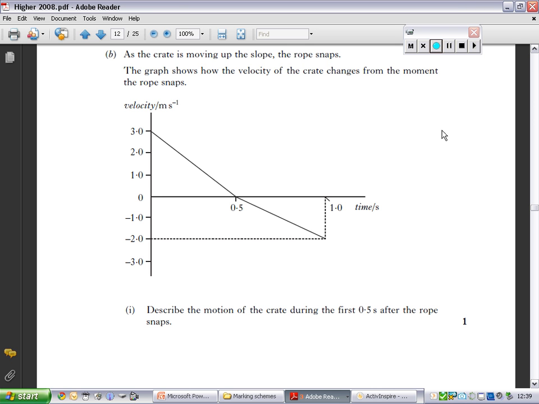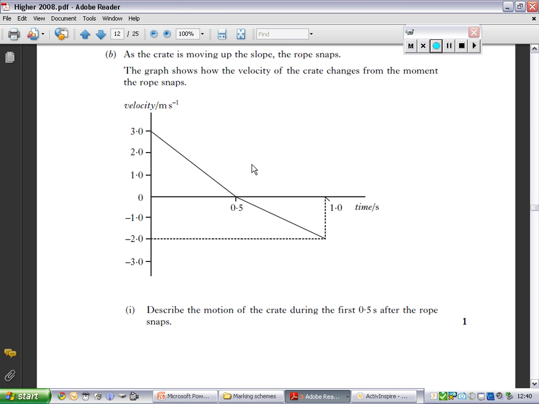You hardly need any time at all to think about this. What you're doing is trying to interpret what the graph is telling you here. The rope is snapping here, but somehow the velocity is below the axis. So what does that mean about the motion of the object on the slope? Accelerating down the slope. Good.